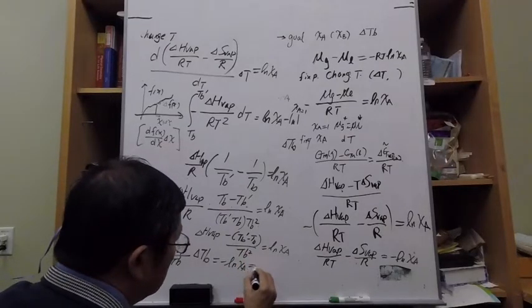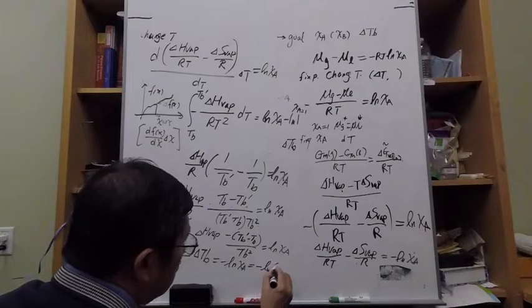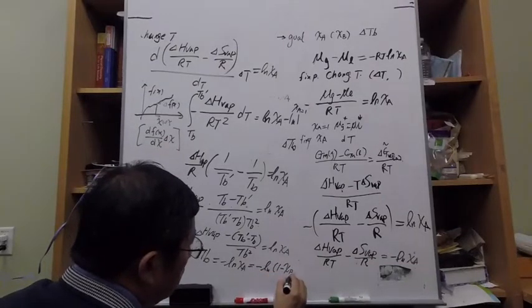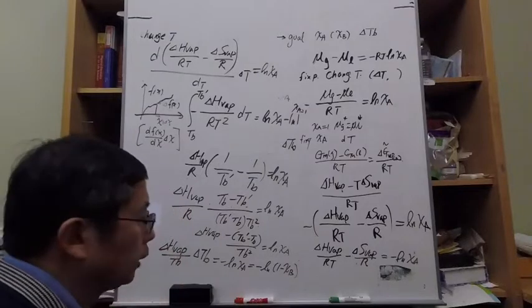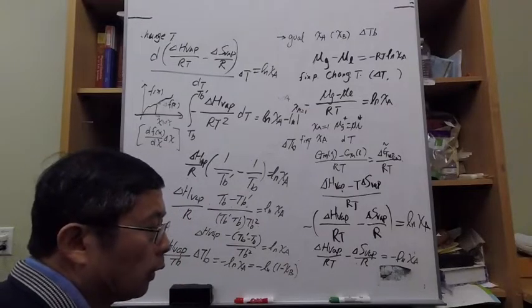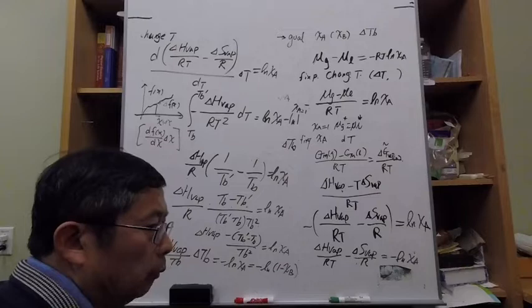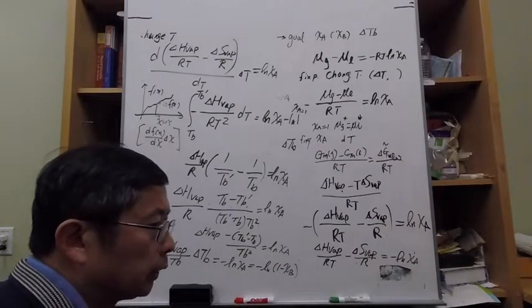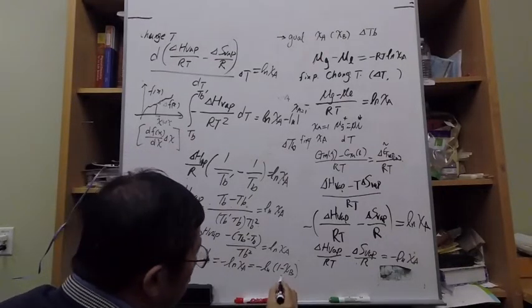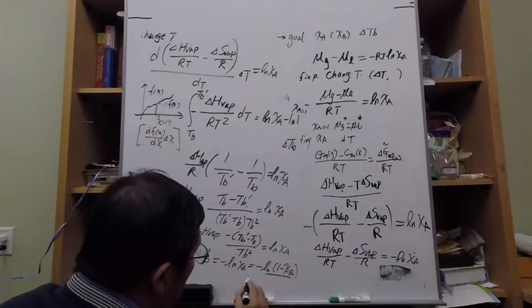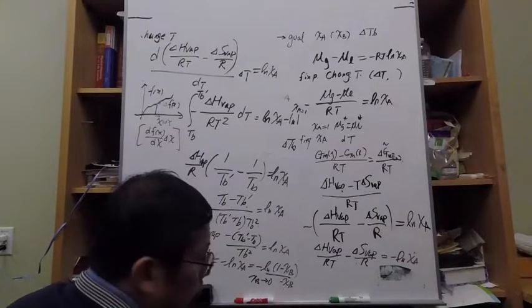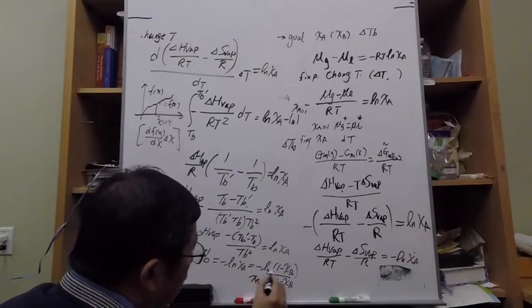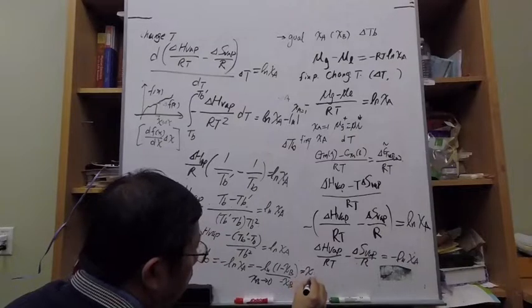So this can be written as minus natural log of 1 minus XB. Also in the textbook, in the math tool in section 3.2, when XB is really close to 0, this term is virtually minus XB, so it becomes XB.